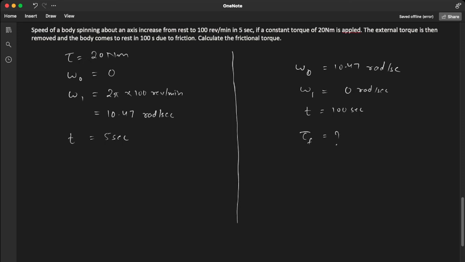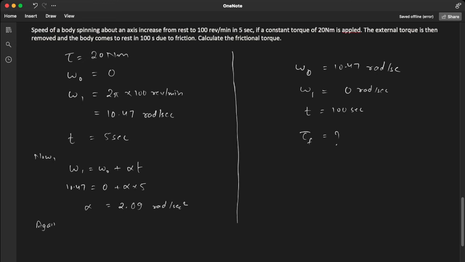So first we'll solve the first part. From the first part, we need to calculate first the accelerating acceleration. So omega 1 is equal to omega naught plus alpha t. 10.47 is equal to 0 plus alpha into 5. So alpha is 2.09 radian per second square.